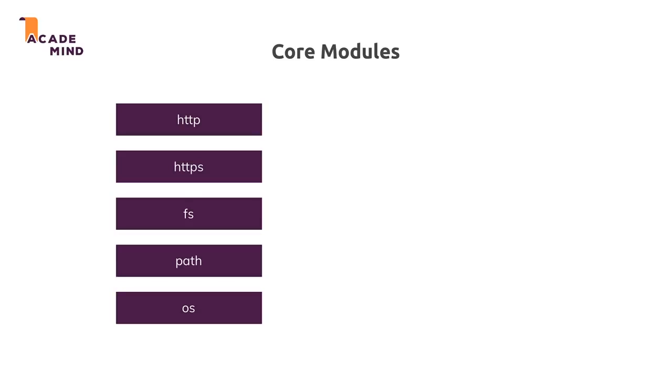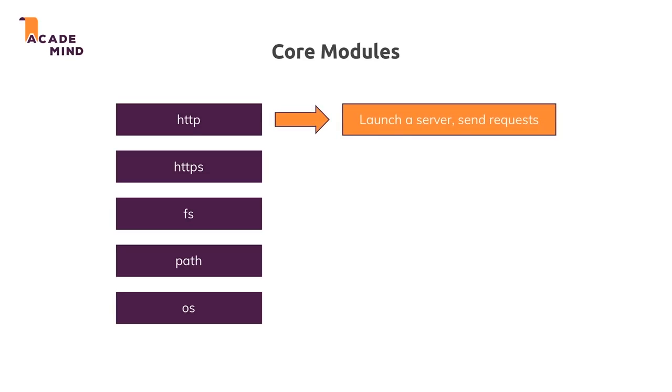And there are the two topmost packages, HTTP and HTTPS. And as you might be able to guess, these two sound very helpful when it comes to creating a server and working with HTTP requests and HTTP responses. And indeed, HTTP helps us with launching a server or also with other tasks like sending requests, because a Node app could also send a request to another server. You can have multiple servers communicate with each other.